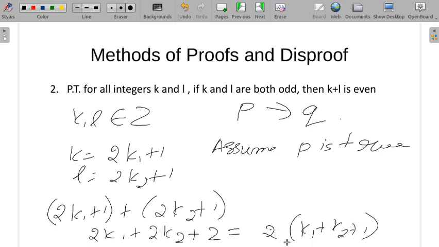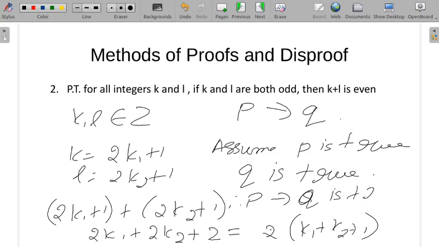If you observe here, multiple of 2 is an even number. So therefore Q is true. Therefore P conditional Q is true. By direct proof, we have to write the conclusion always. For every problem we have to write the conclusion at last. Therefore P conditional Q is true by direct proof.